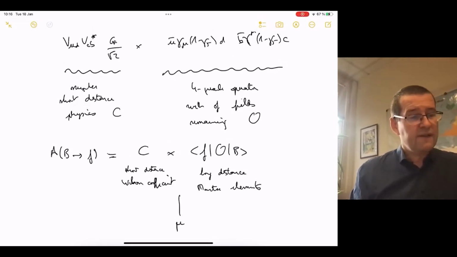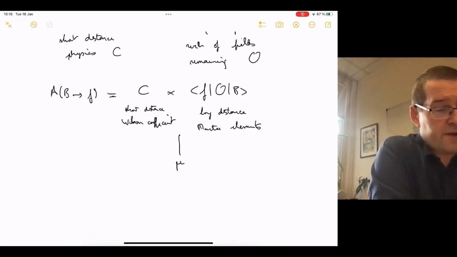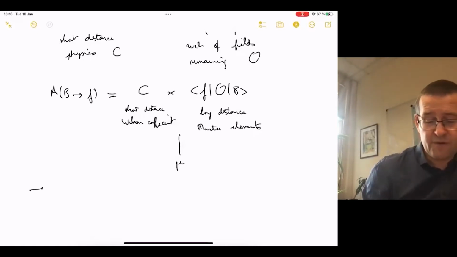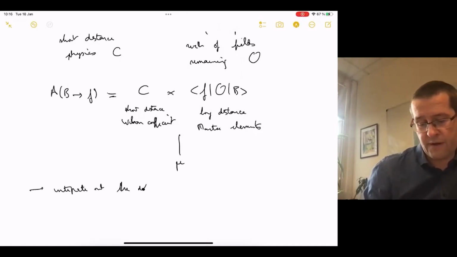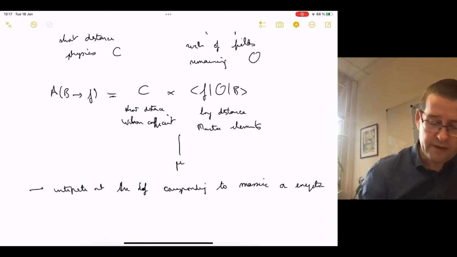Obviously you can do that in a more abstract and more proper way by just saying that you integrate out the degrees of freedom. So if you think in terms of the functional integral, you integrate out the degrees of freedom corresponding to massive or energetic modes.